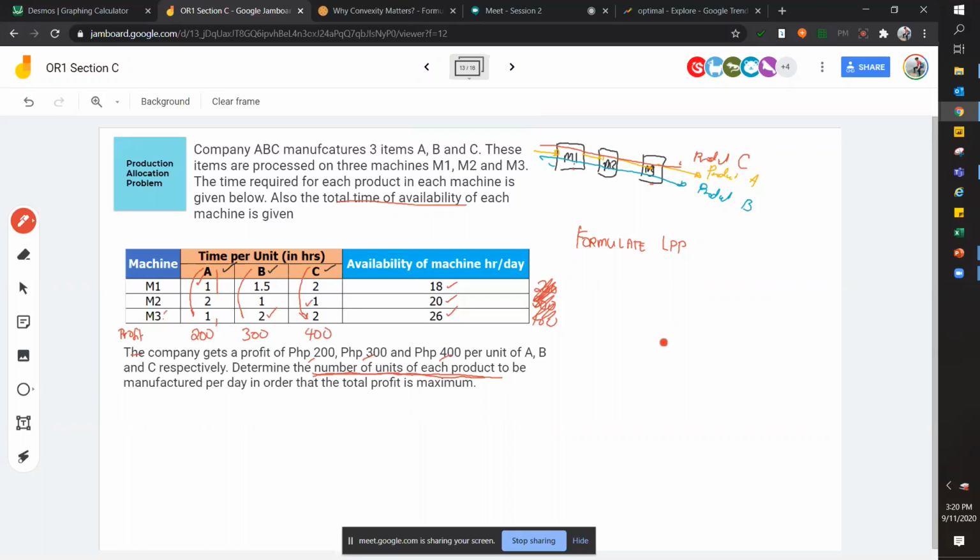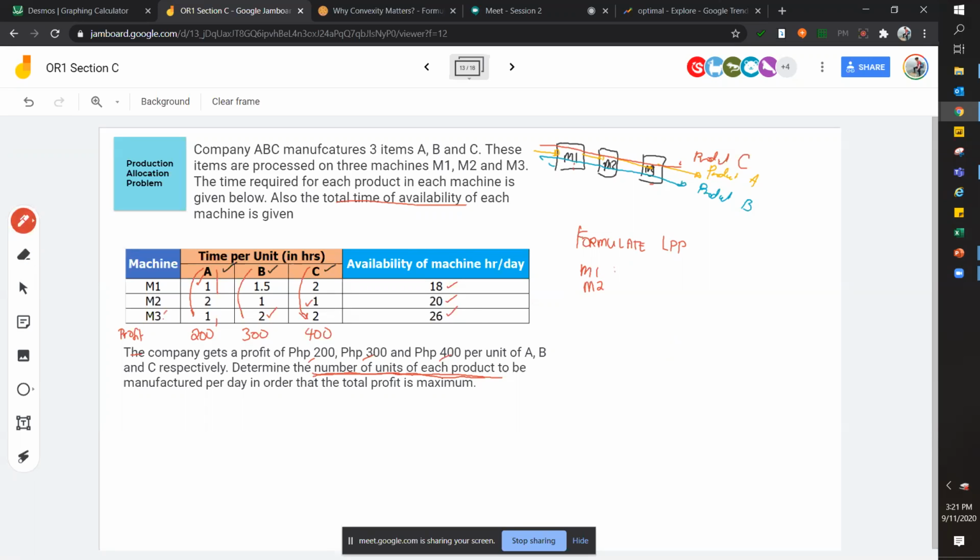M1 for... Again, decision variables, ito yung mga dapat kong kontrolin in order for me to achieve the objective. So M1, M2.